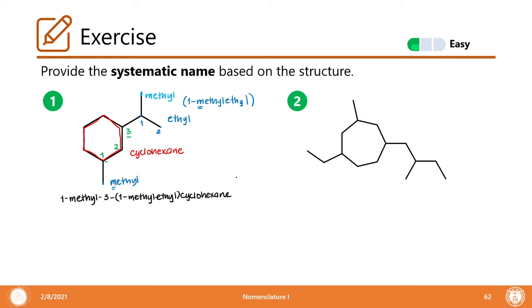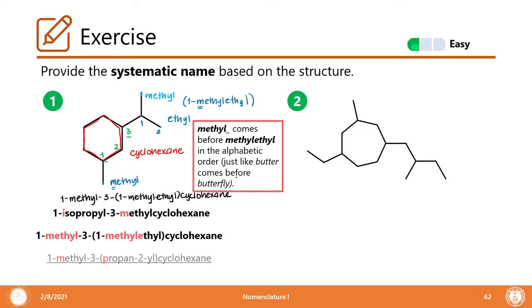So again, 1-methyl, 3 1-methyl ethyl, cyclohexane. Again, methyl comes before methyl ethyl in alphabetic order.